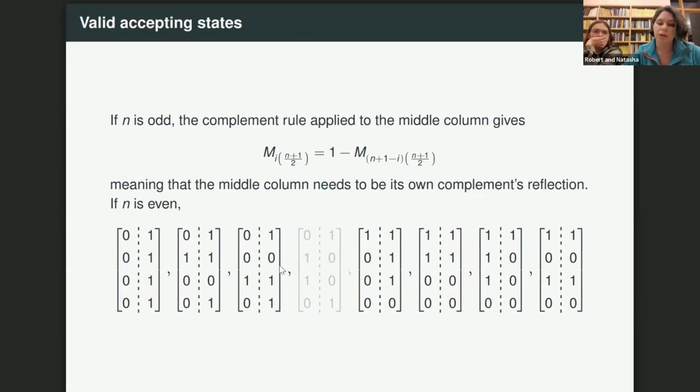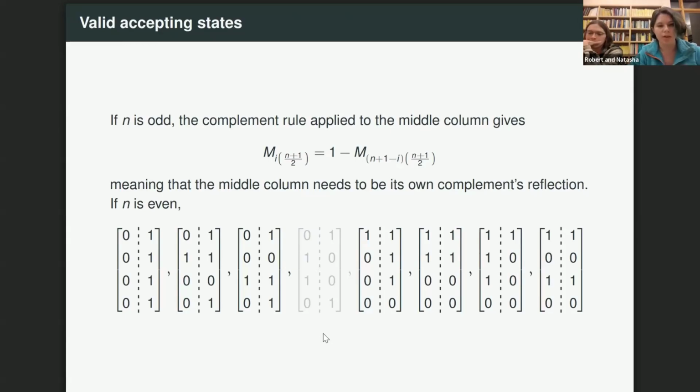The second, third, and last, the ones and zeros look disconnected, but if we assume that the zeros must have been connected to get here, then the ones will be connected afterwards on the right-hand side as a property of the complement rule again. So that's all fine too. What doesn't work is this middle case here, the fourth one, where the ones are only touching each other corner to corner. That's just not fixable. So that's the only state that always rejects.